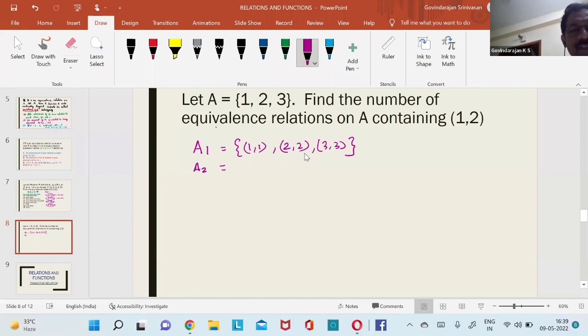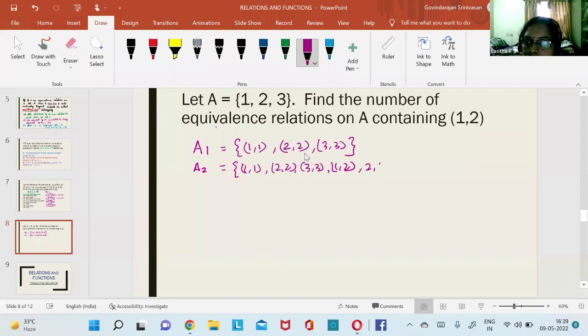Yes, sir. For A2, there's a minimum number of elements we should have in each equivalence relation: (1,1), (2,2), (3,3). And then (1,2). If you add (1,2), I have to add (2,1) also. It is also an equivalence relation.